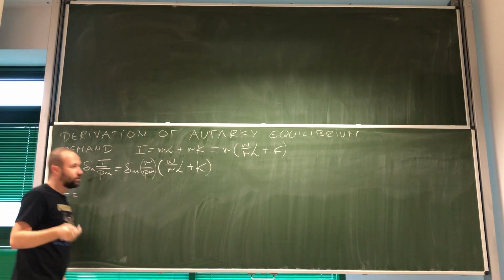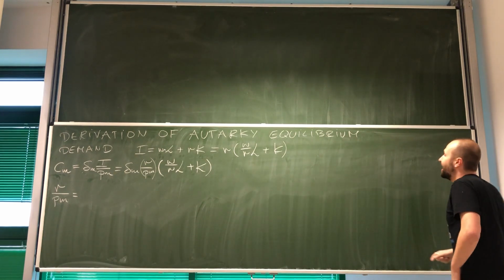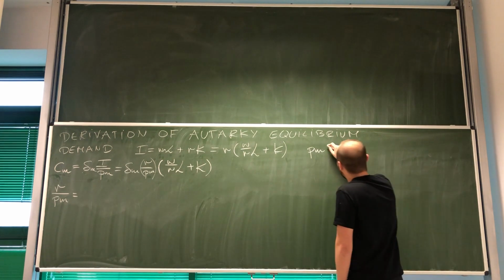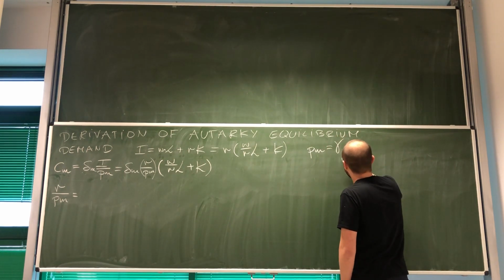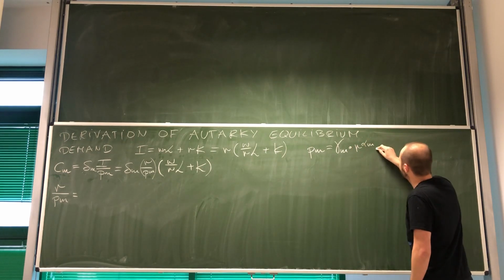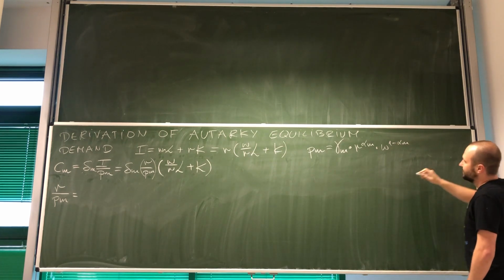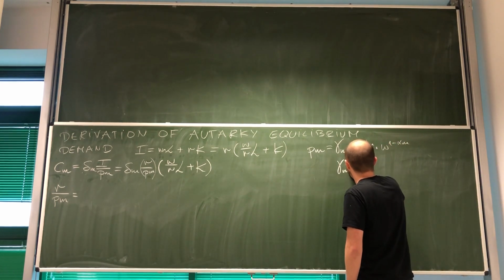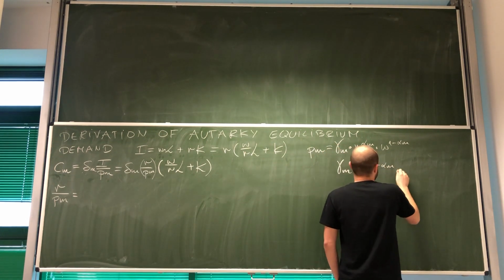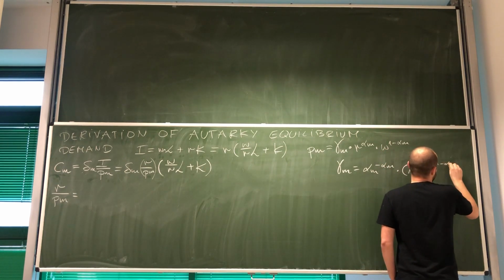Look, we remember, well, I remember, you don't need to, that the price of manufacturers is given by gamma M times R to the power alpha M times W to the power 1 minus alpha M, and gamma M is equal to alpha M to the power negative alpha M times 1 minus alpha M to the power negative 1 minus alpha M.